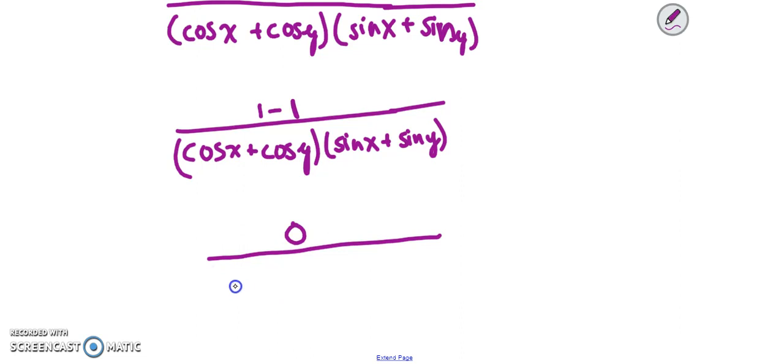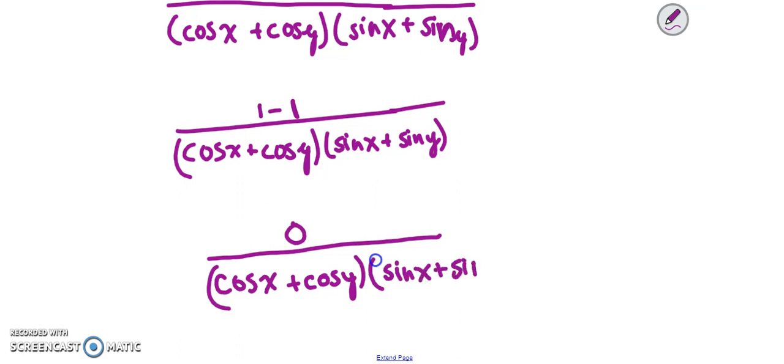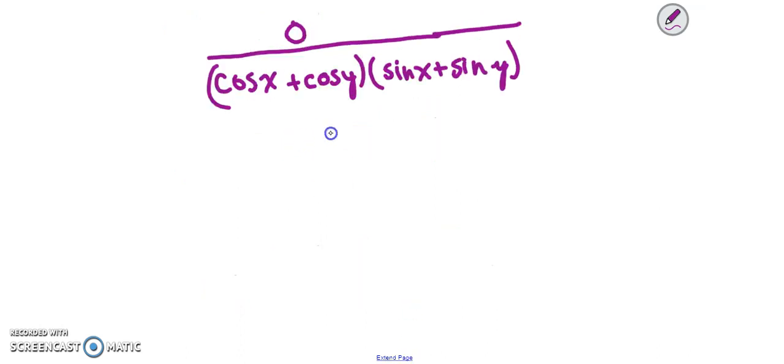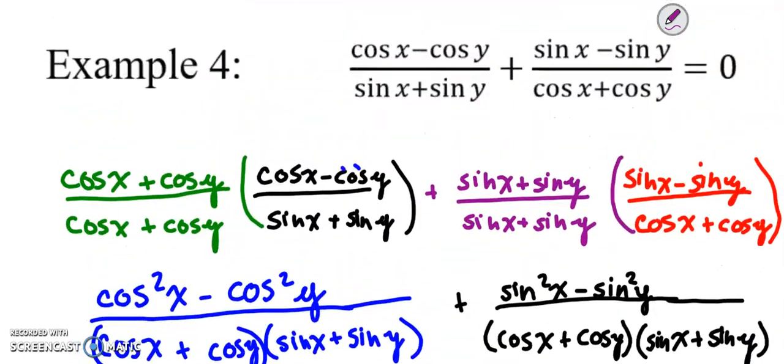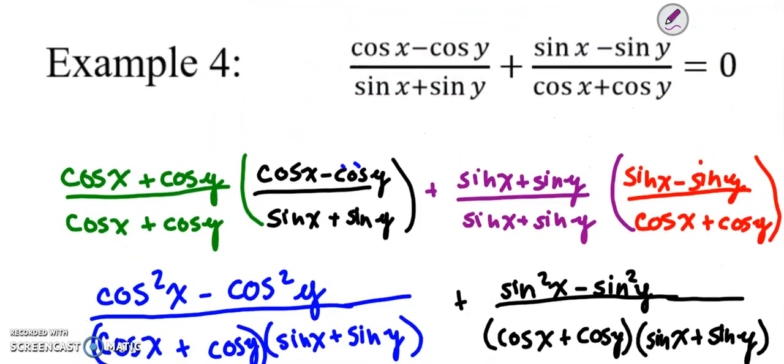And 0 over anything other than 0 is just an answer of 0, right? Isn't that what we're trying to get here? Yes, it is. Now, this one took some time, and it's okay. So here again, we get 0, and that's what we're trying to find on the right side. From the get-go, we're trying to get this left side to equal 0 to equal the right side.